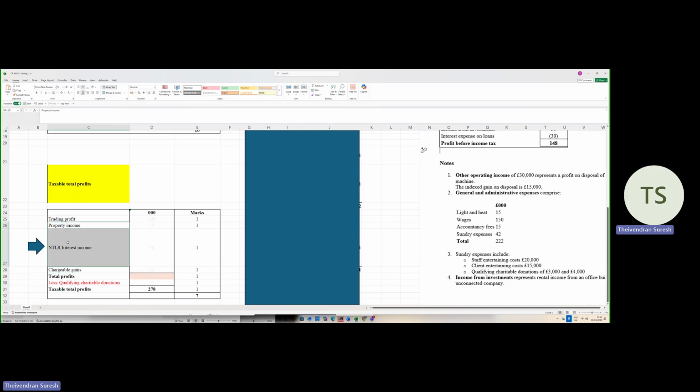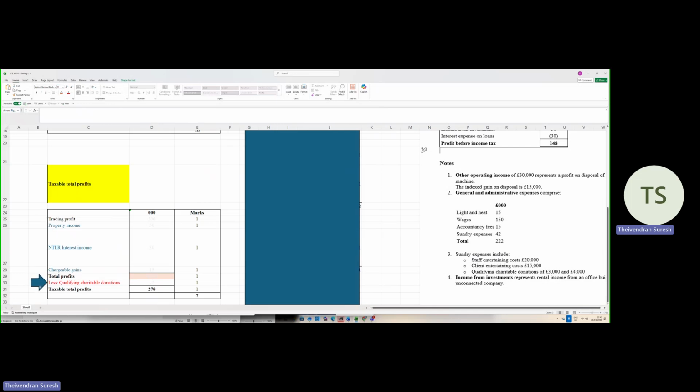So these three items, let me highlight them in a different color. Finding these three items is straightforward. We will be getting these numbers straight from the question. Once you find them, with the trading profit, we arrive at the total profit.